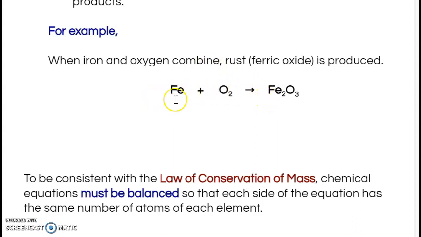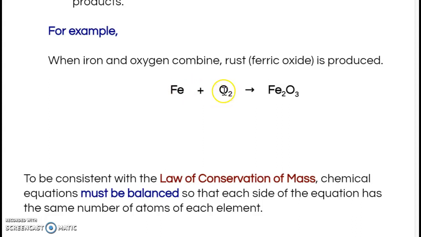You can do this by balancing these chemical equations, and we'll learn how to do that. But just know there's only one iron atom here and two iron atoms here, so we have to do something to this equation to make sure the same number of iron atoms go into the equation and come out of the equation.